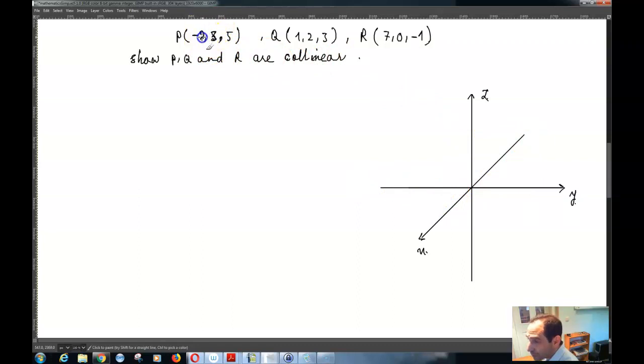Now what you want to do is, when you want to plot, for example, -2, 3, 5 in your three-dimensional coordinate system, first you need to go with the x coordinate of your point.